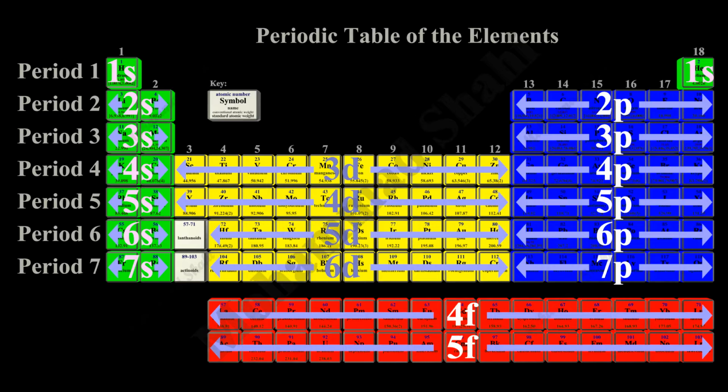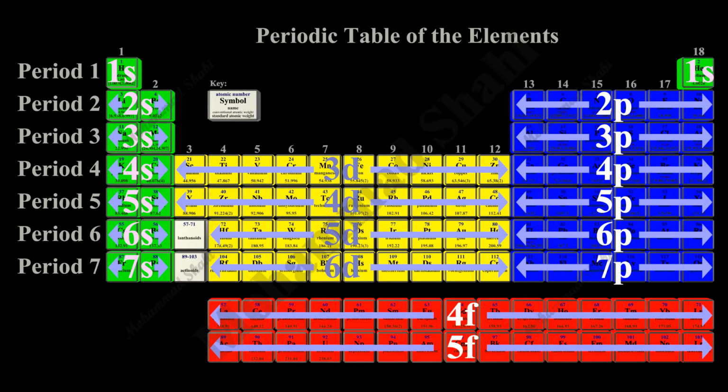And also the period n ends at the nth noble gas, with the consideration that noble gases are ordered from the lowest atomic number to the highest one. For example, in the period 6, the atomic subshells 6s, 4f, 5d, and 6p are filled respectively, and the period 6 ends at the 6th noble gas, radon.